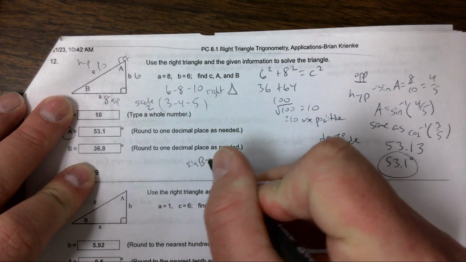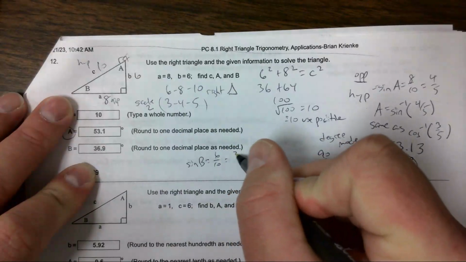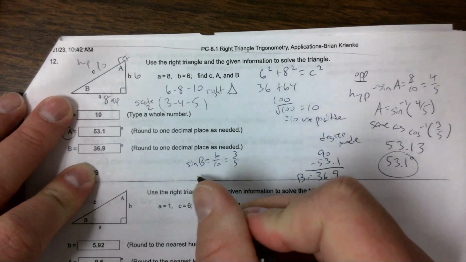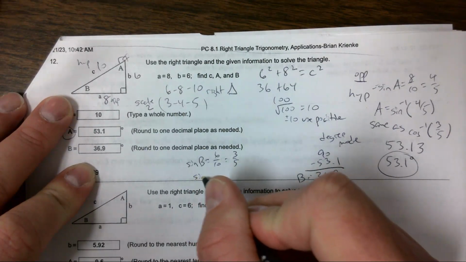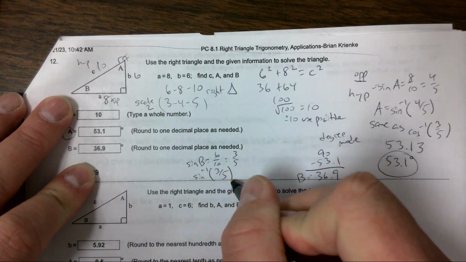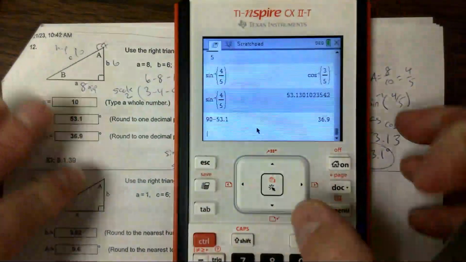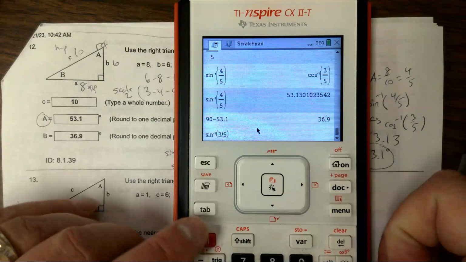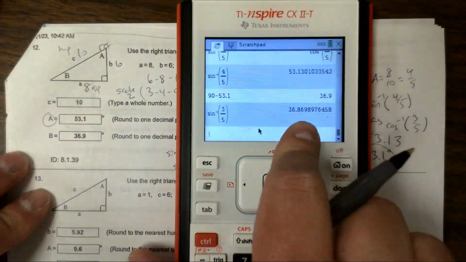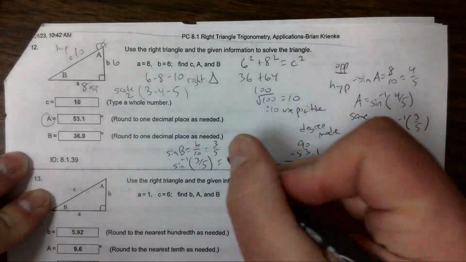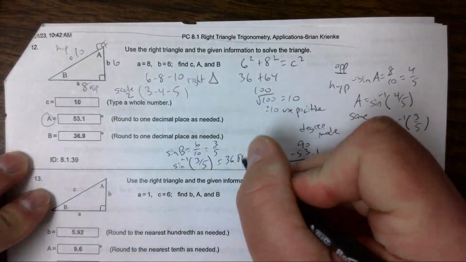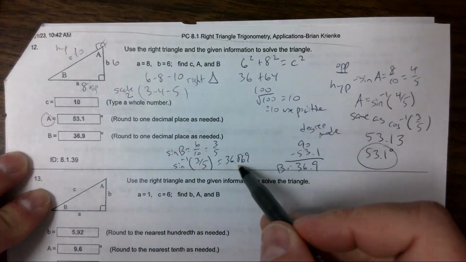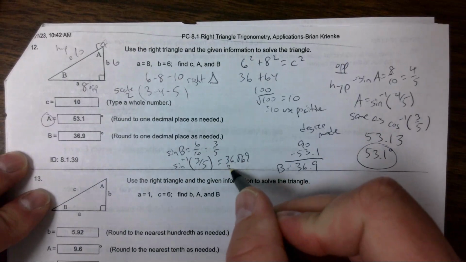So sine of B would be 6 over 10, or you could say 3 over 5. And you do inverse sine of 3/5, which is 36.869. Okay, so we're going to make that 36.9 degrees.